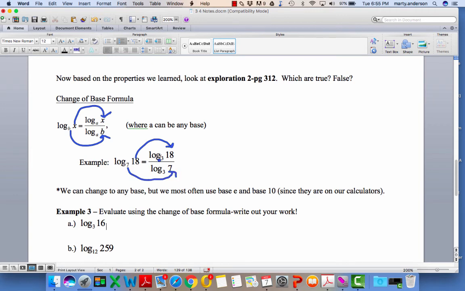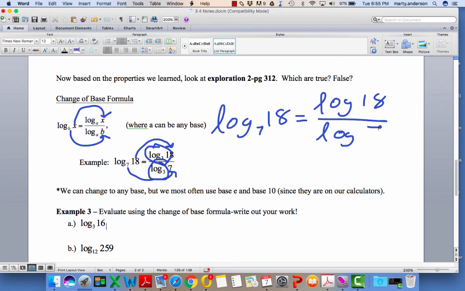Now, I'm not sure why you would want to change something to be a log base 3. The most useful thing to do would be to take the log base 7 of 18 and change it into log 18 over log 7, because you can now type this into your calculator just using the common log, the base 10 log. So that's where this is going to come up most often.